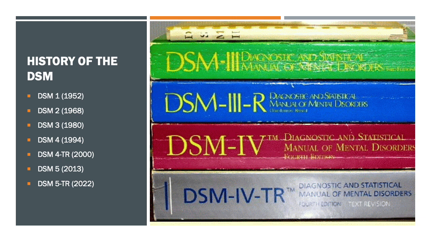Since then, it's gone through several revisions, and different disorders have been added or removed or revised, to get to the place where we are now, which is the DSM 5 Text Revision, TR, which was published in 2022. Disorders such as Asperger's were removed. Asperger's is no longer a disorder.